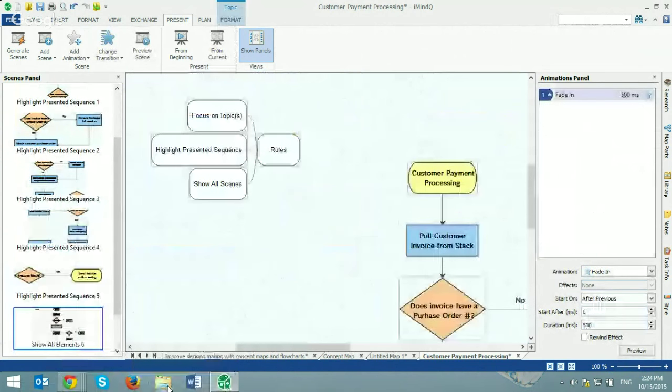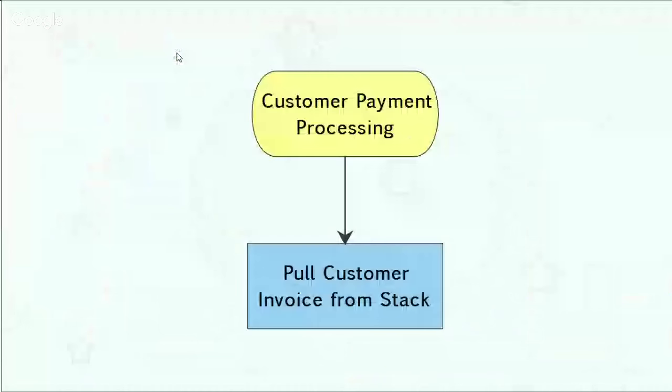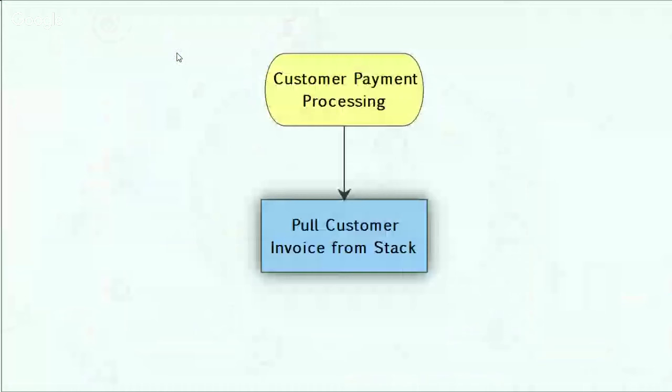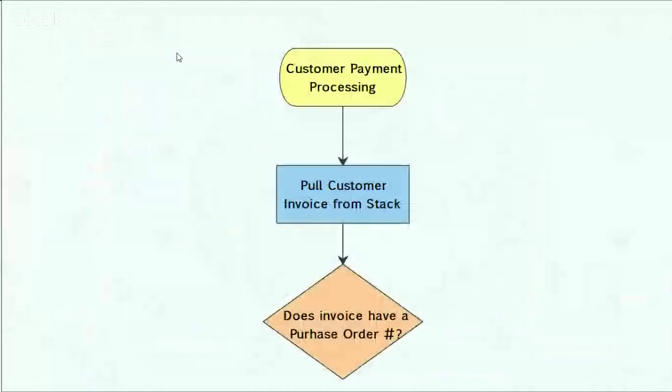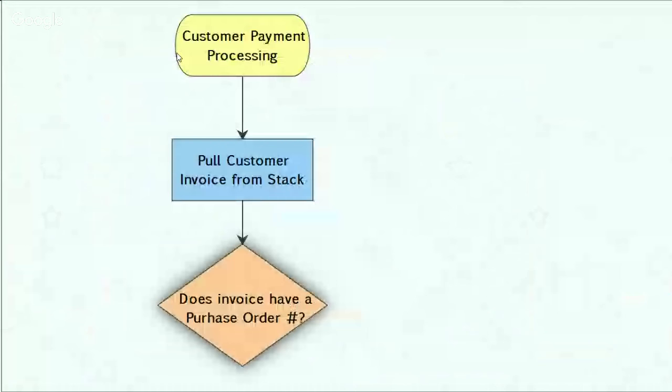So to show you how this presentation looks, I'm going to click on the from beginning option, and I'm going to use space, right mouse click, or right arrow key. This is how I'm going through the presentation and how each sequence is animated.